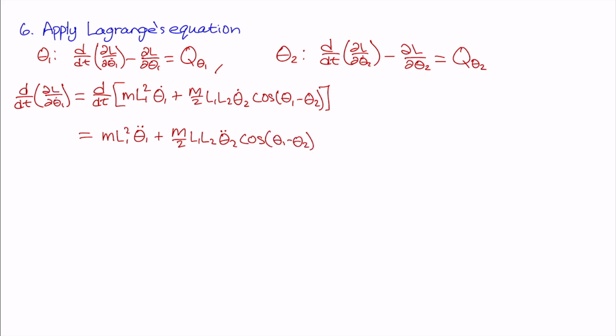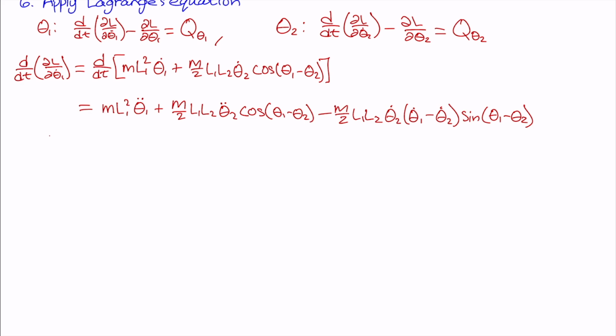And then we have to do that product rule, so we're going to get minus m over 2 L1 L2 theta 2 dot times the quantity theta 1 dot minus theta 2 dot times the sine of theta 1 minus theta 2. And that is the first term in Lagrange's equation for theta 1.